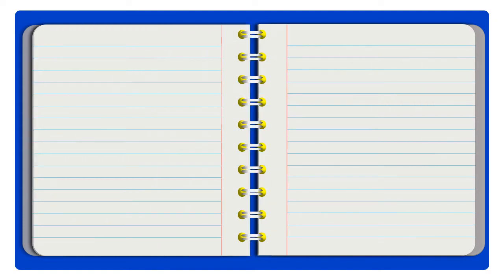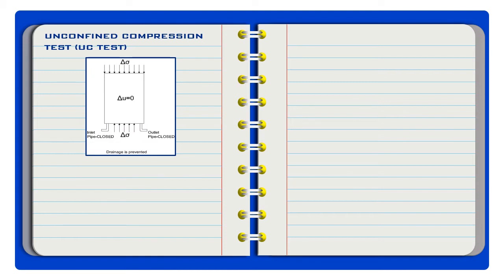So, we are on the last test, which is the unconfined compression test or the UC test. Ito ngayon yung anak ni unconsolidated undrained test. As you can see from its name, it is unconfined. So, meaning, wala na tayong consolidation na mangyayari. Wala nang first stage. We will jump to the second stage where we will add a deviator stress at the top or the delta sigma. And since anak siya ni unconsolidated undrained test, ibig sabihin, our outlet pipe is still closed.